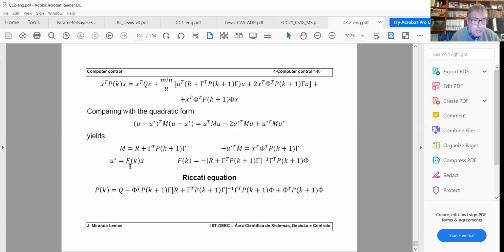And also the gain becomes constant because the gain depends on P. If P is constant, F is constant. And furthermore, this is a stabilizing gain. So this is the controller gain that you get when you use the DLQR routine in MATLAB. Okay, it appears in this way.